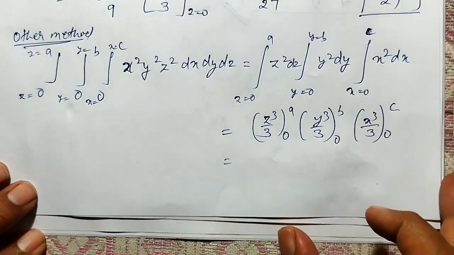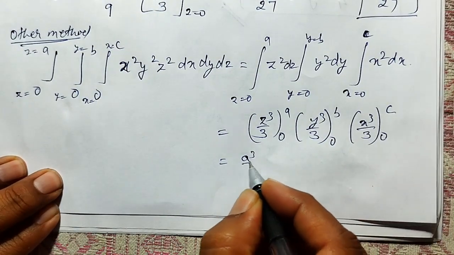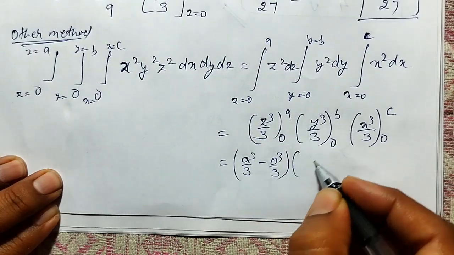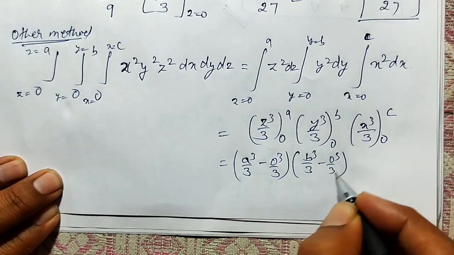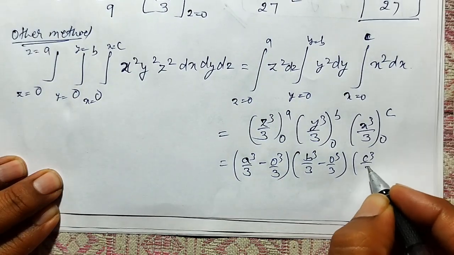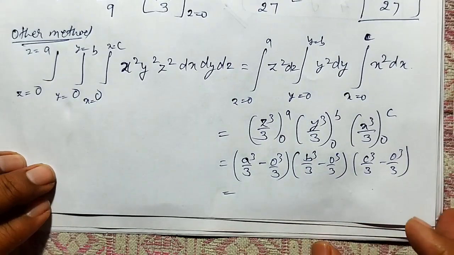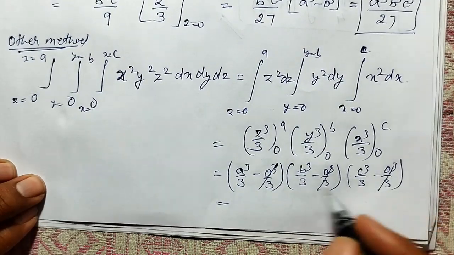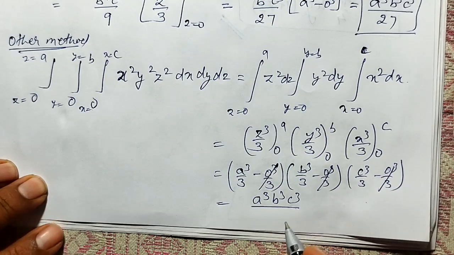Now you can substitute upper limit minus lower limit, and you can evaluate as a cube divided by 3 minus 0 cube divided by 3, into b cube divided by 3 minus 0 cube divided by 3, into c cube divided by 3 minus 0 cube divided by 3. And if you simplify this, what I am going to get is this is 0, this 0, 0. Therefore, a cube b cube c cube divided by 3 into 3 into 3, 27.